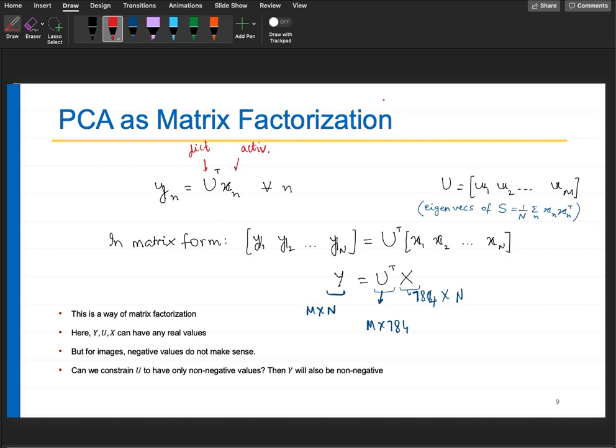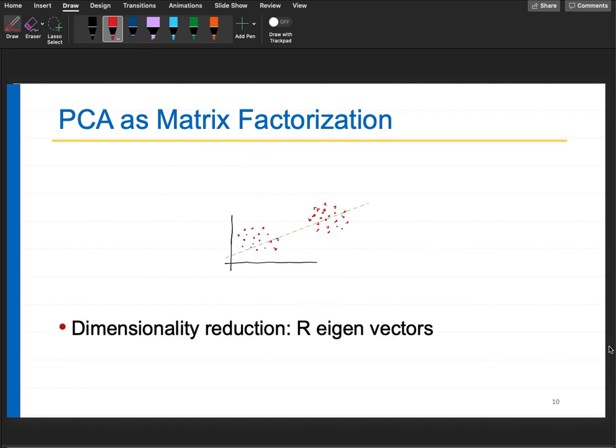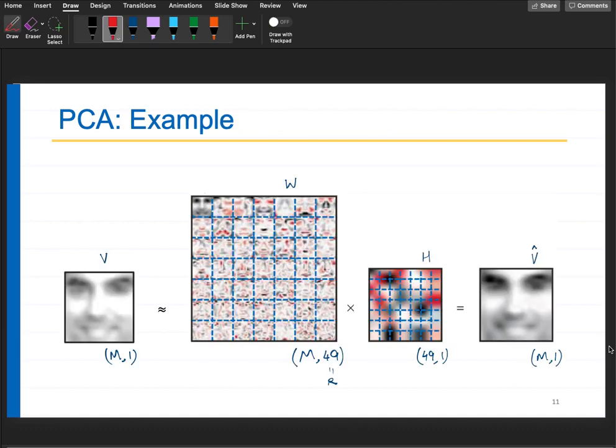And even the dictionary can have negative values. Another thing is, all dictionary entries are orthogonal or orthonormal, because their norm is also 1. So in this way, you can use PCA for matrix factorization.